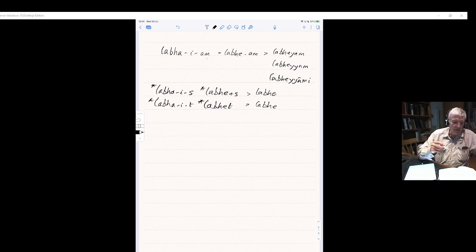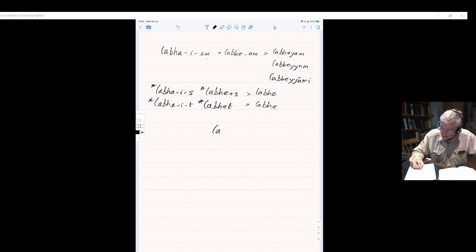And similarly, labhema, labheta, then labhe becomes labheum. You're allowed to have three forms here again. It's labheum, labheyum with a y, or just labheyu. Sometimes that m drops off.